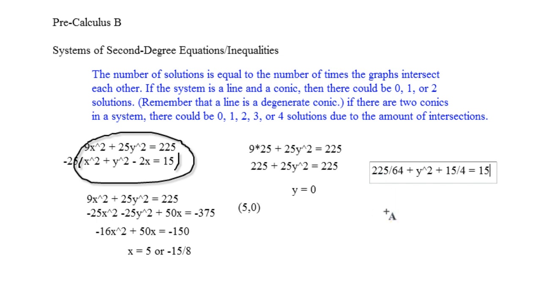As I begin to solve this, once I move everything over, I should get y squared equals 495 divided by 64. And if I square root that, I'm going to get y equals plus or minus 3 root 55, all divided by 8.